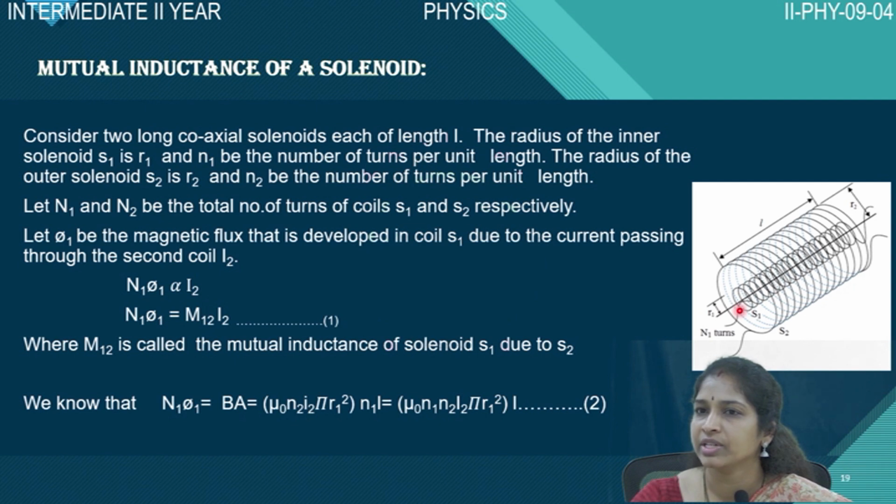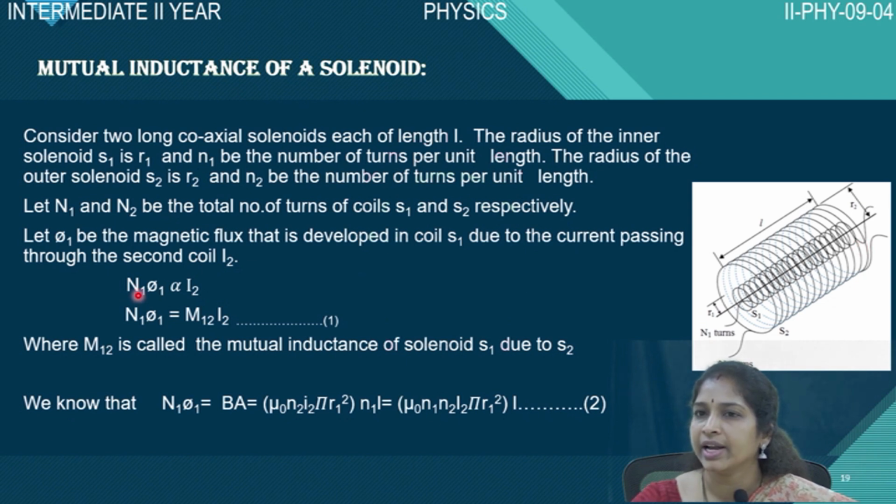So first, let phi1 be the magnetic flux that is developed in coil S1 due to the current I2 passing through the second coil. Because of the current passing through the second solenoid, flux is developed in the first solenoid. That is mutual induction.